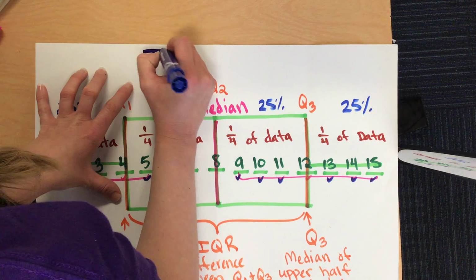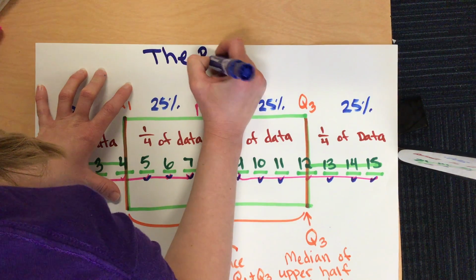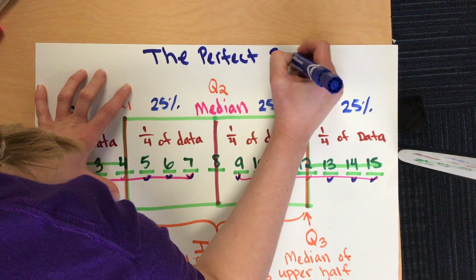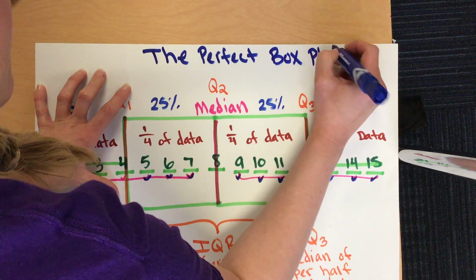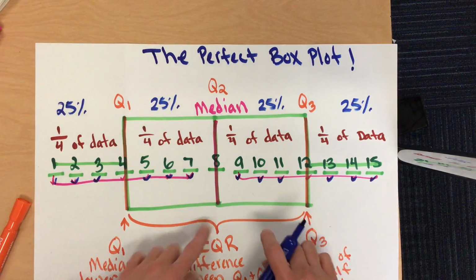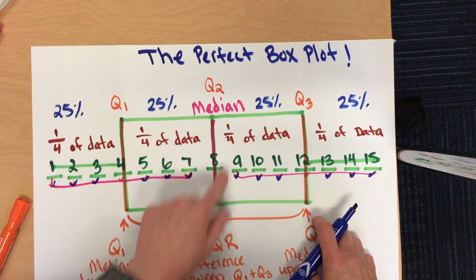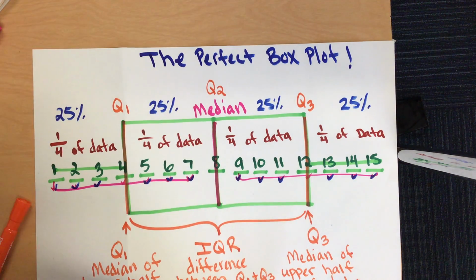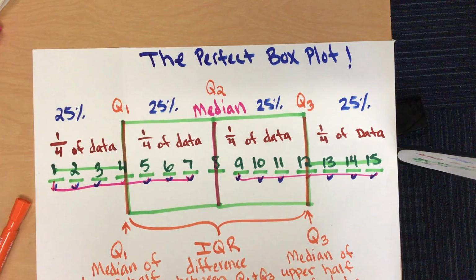Is it always going to look so nice? No, okay? You might not have perfect squares around your data sets. You might have a smaller square. It's not always going to be perfectly divided. Your median isn't always going to be right in the middle of your data set.